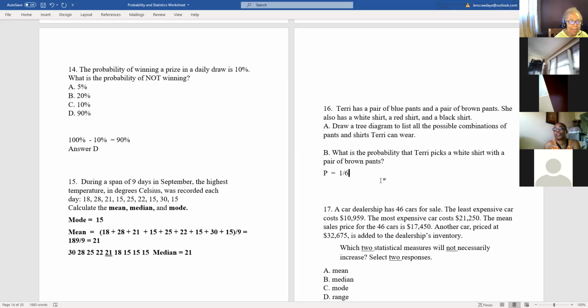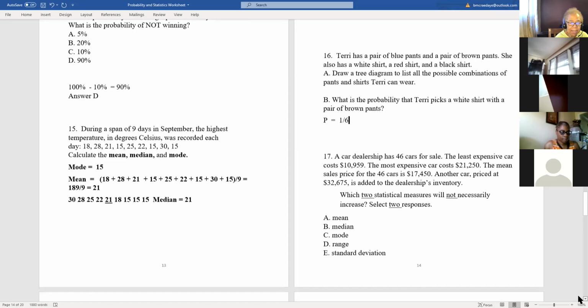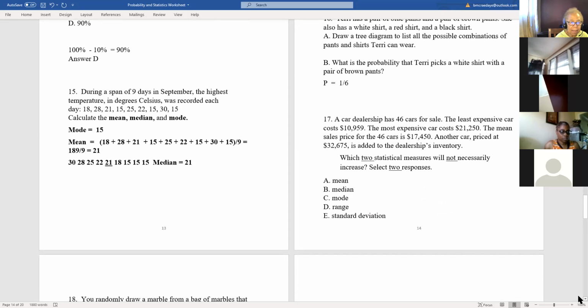All right. Let's go to 17. And that's going to be our last one. See if you can tell me which of these two statistical measures would not necessarily increase. You've got to have two responses here for 17.